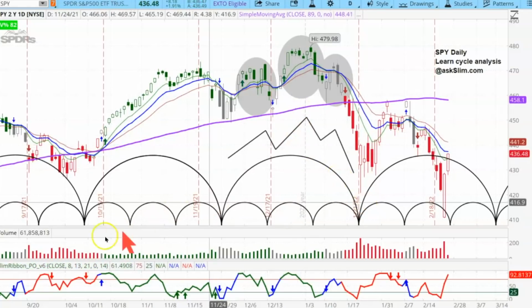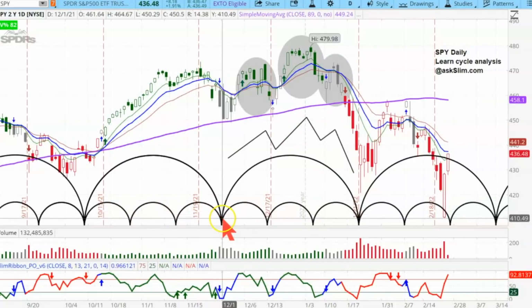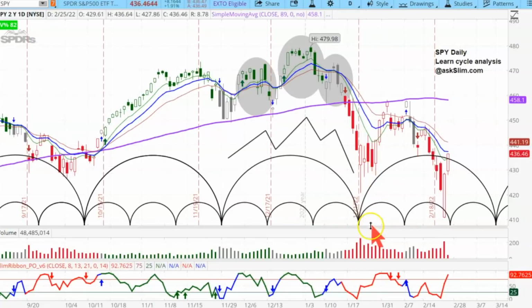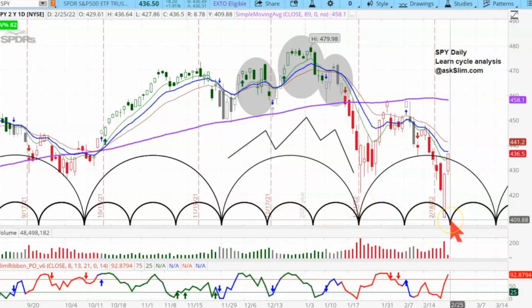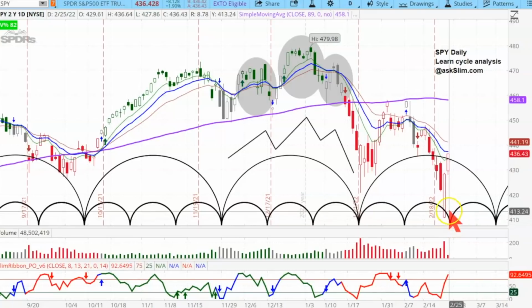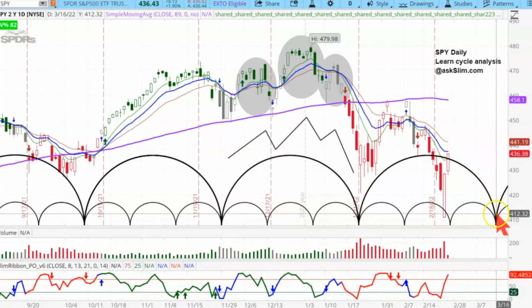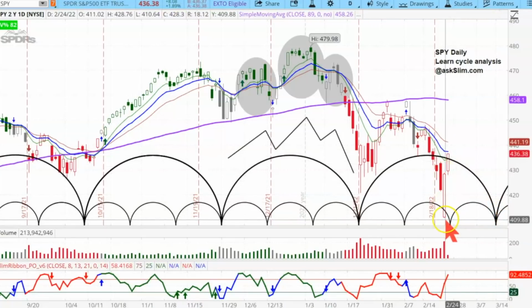And you can see that there are 1, 2, 3 cycles in this big family right here, and 1, 2, 3 right over here, and here only 1 and 2. That is suggestive that you're going to see a failure of this rally at some point, and then moving down one more time. Now, this was a panic low right over here, and that came down and hit some important numbers, as I'll show you.